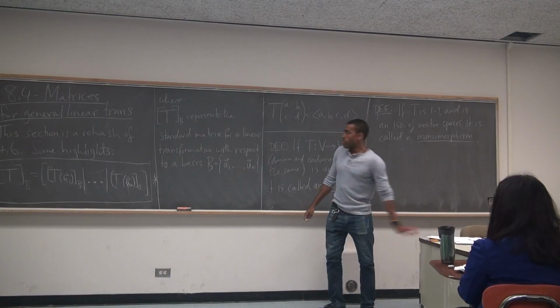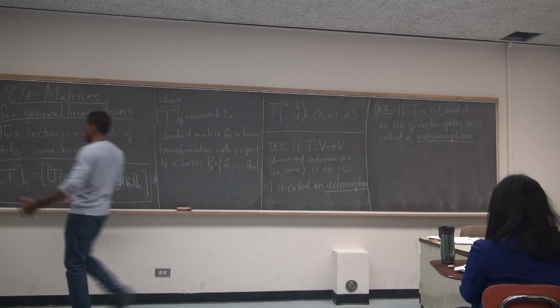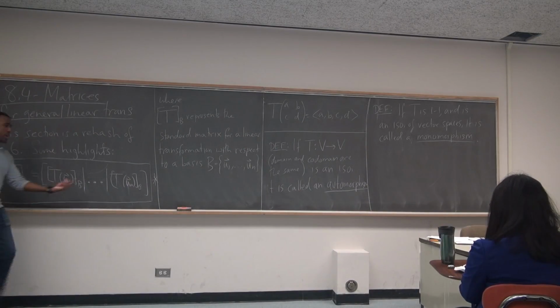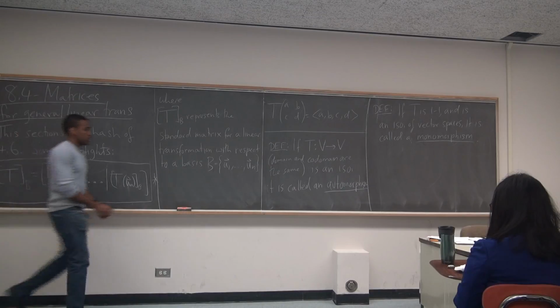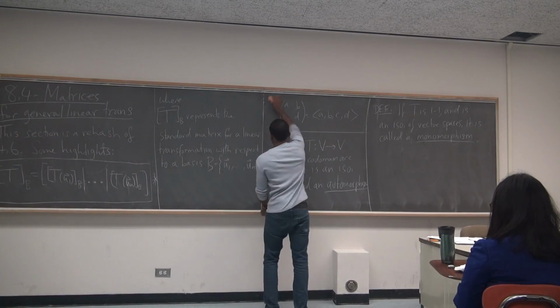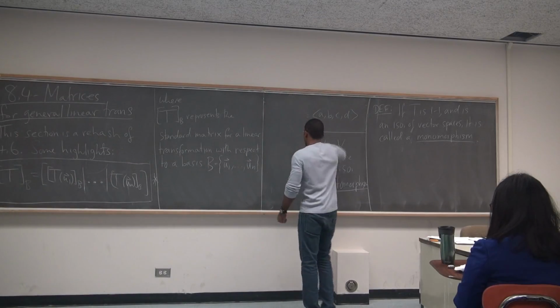So again, this is going over the idea that to figure out how a linear transformation behaves, all you have to do is figure out how it behaves on your basis vectors. And then when you transform those into coordinates according to that basis B, you get the standard matrix for T in terms of B. So just watch what the guy does to the basis vectors and you'll figure everything out.